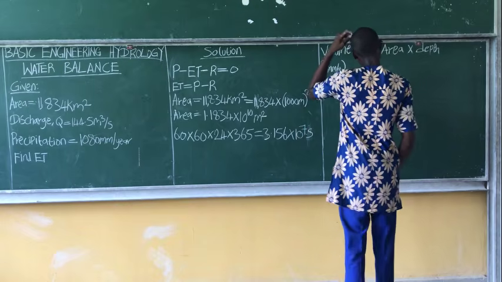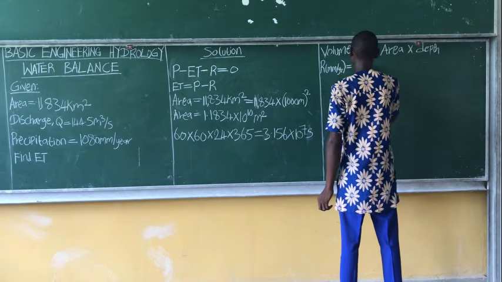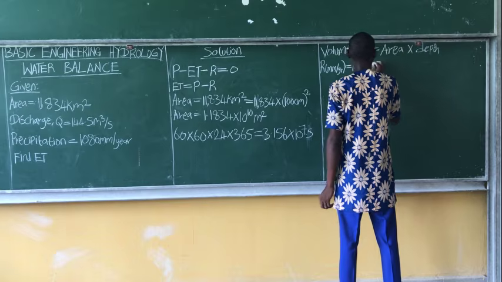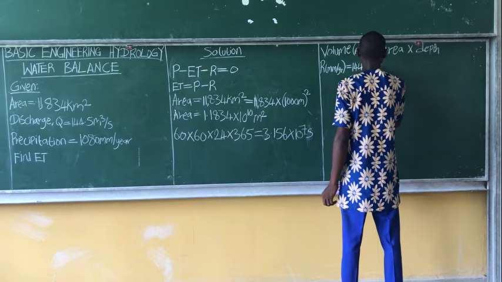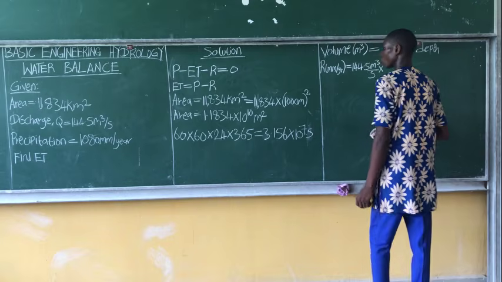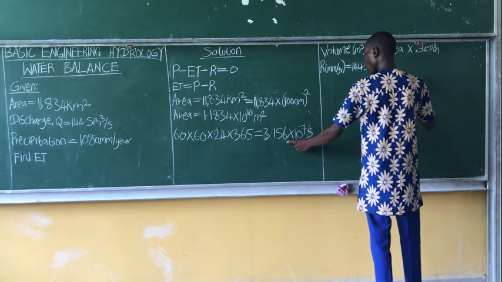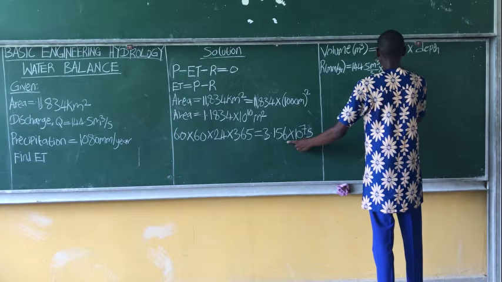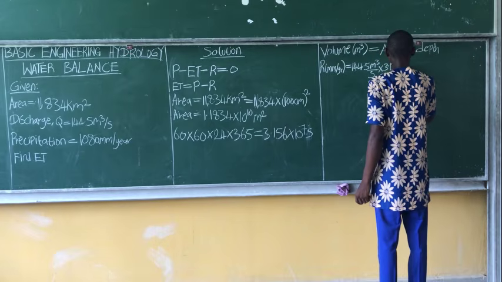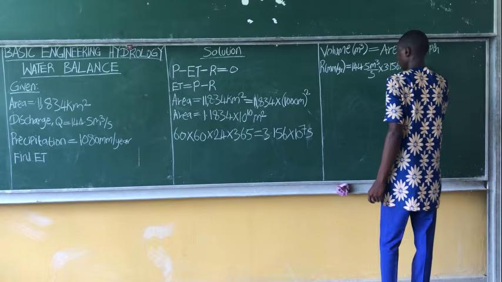So we have our runoff in millimeters per year to be equal to 144.5 meter cube per second times our number of seconds in a year, 3.156 times 10 raised to power 7 seconds.